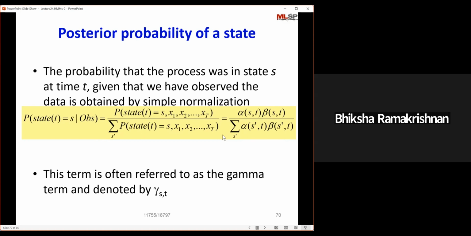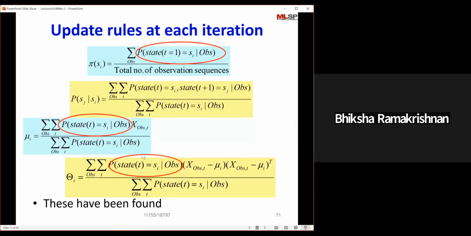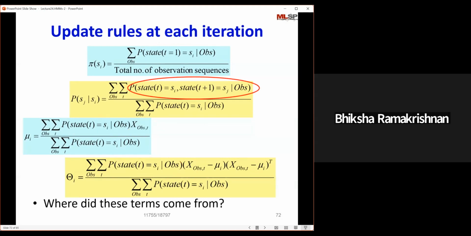Right? Easy. And so I have computed these terms and the terms in the denominator as well. And those can just be plugged into this formula, right? But I still have this one term, which is the posterior probability that I went from state S at time t to state S prime at time t+1, given the observation sequence.